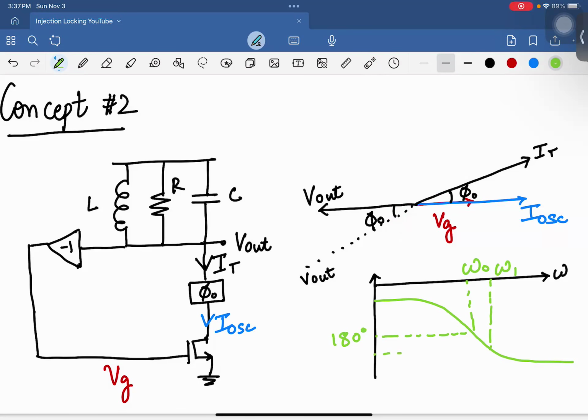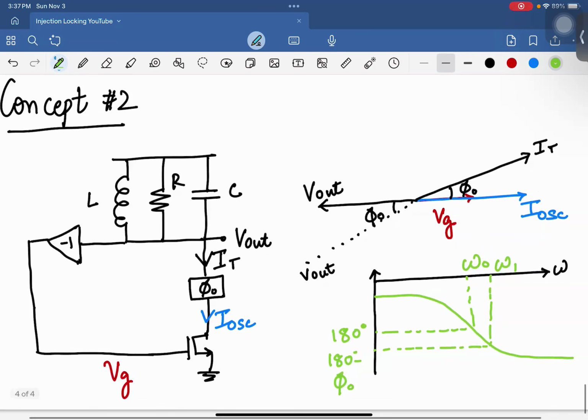So that the phase now is 180 minus V naught, let's say, right? So that's actually why the oscillation frequency now has to be at omega 1, right?